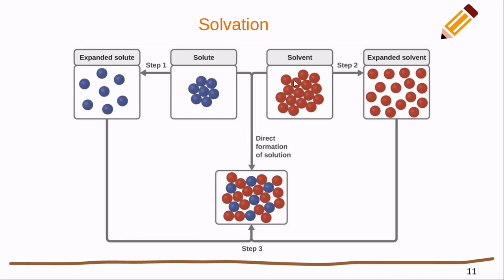Okay? In actuality, these steps don't really occur, right? It's all happening in one concerted step. But we could imagine a world where we were actually able to move molecules and be able to make this happen and see that this 3-step process has to occur.